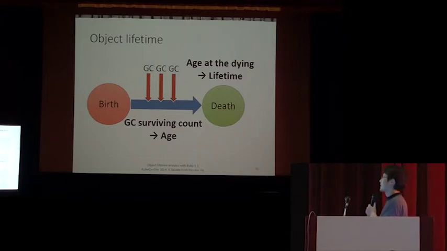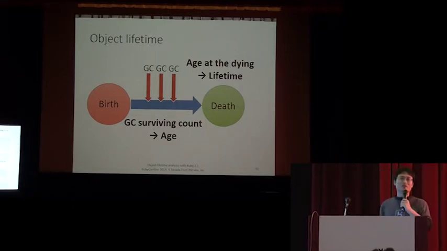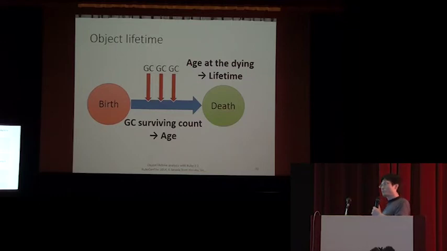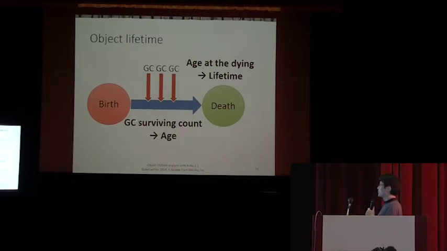So this is a simple definition of object lifetime. In this presentation, maybe some other person can define lifetime of objects differently, but in this presentation, we use this definition: how many garbage collections have passed on these objects.